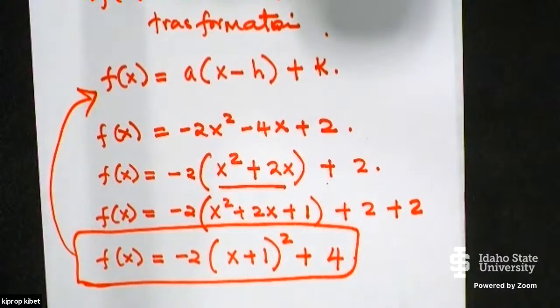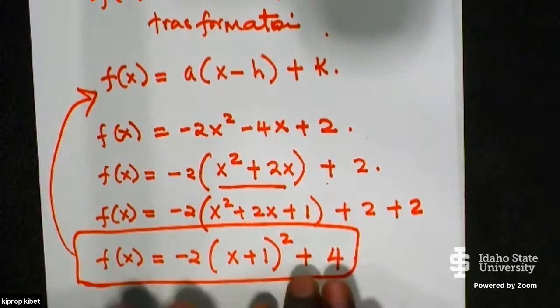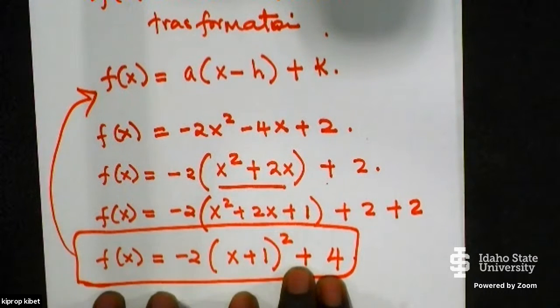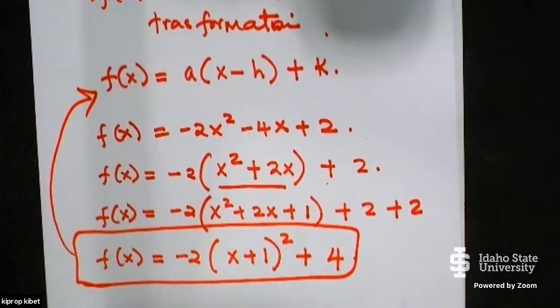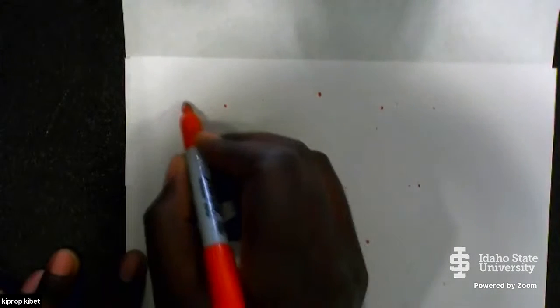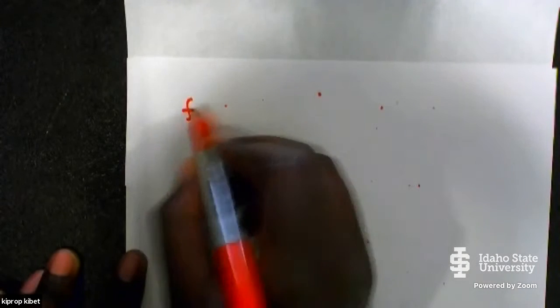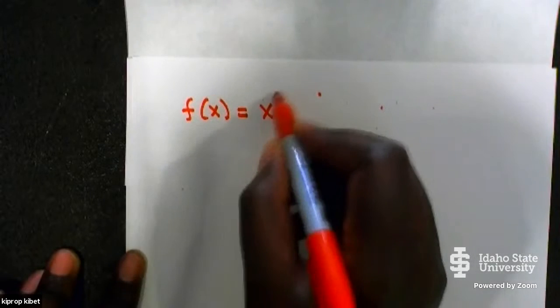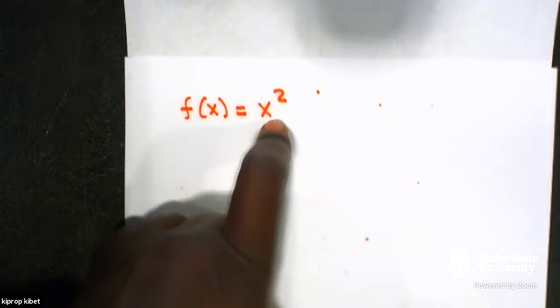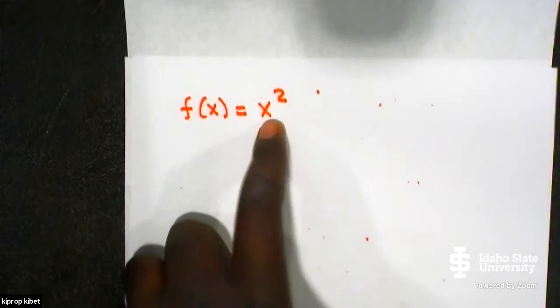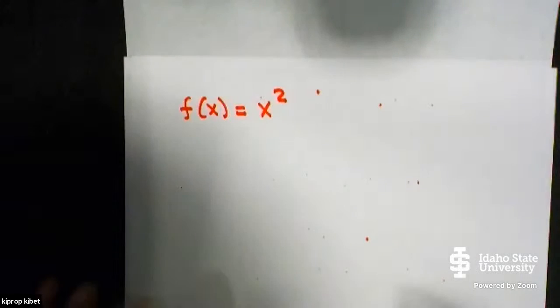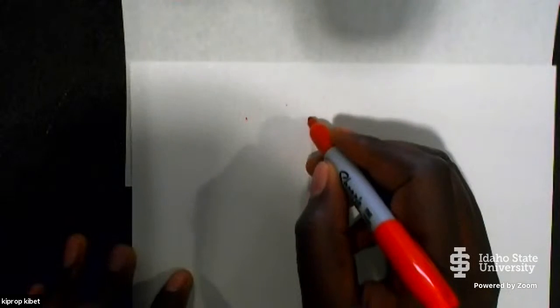Okay. Now, how should we draw this graph? First, you draw the graph f of x equals x squared. Let's do it on this side.